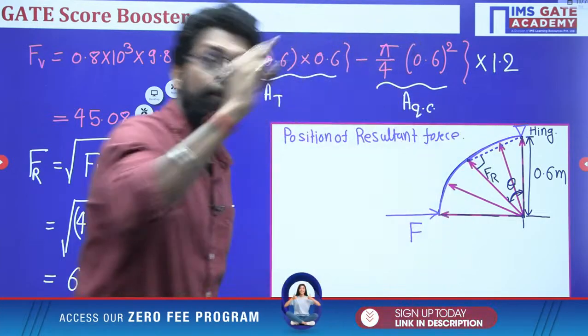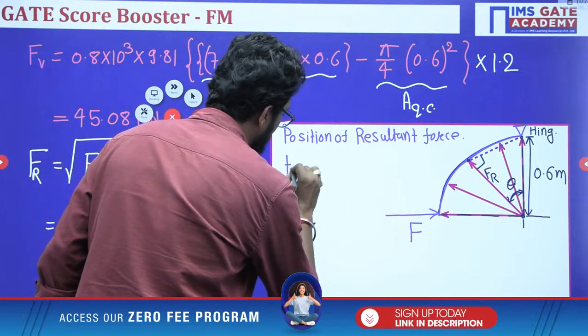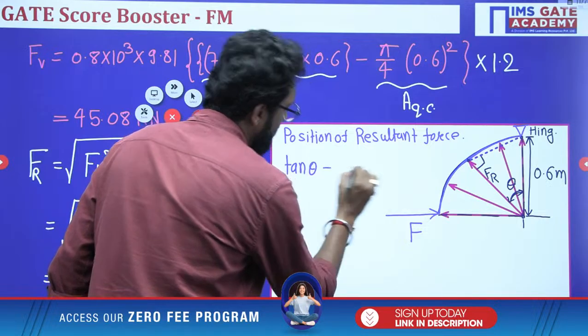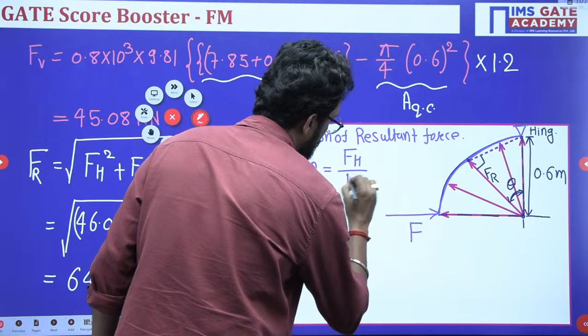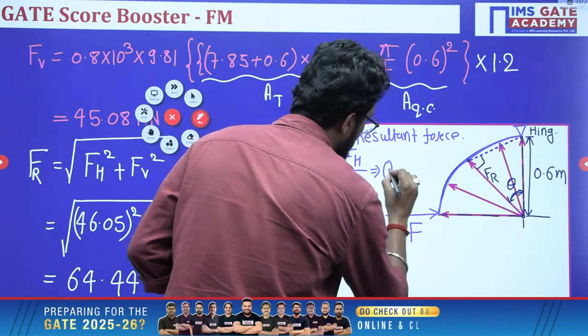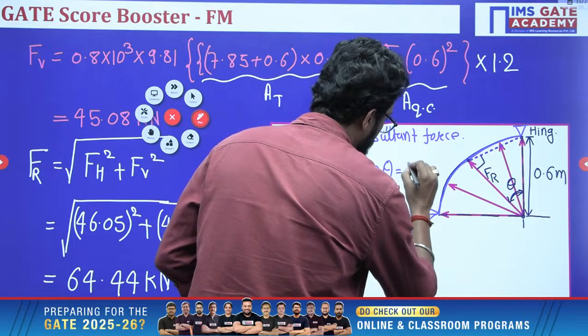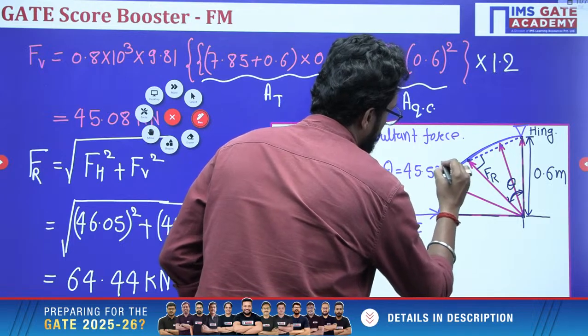What is the actual position of this force? So tan theta, we are taking the angle from the vertical, so FH by FV. If you calculate theta, it is approximately 45.57 degrees. This is your theta.